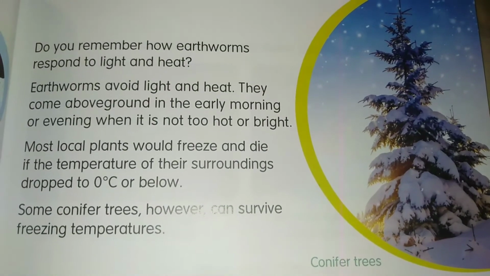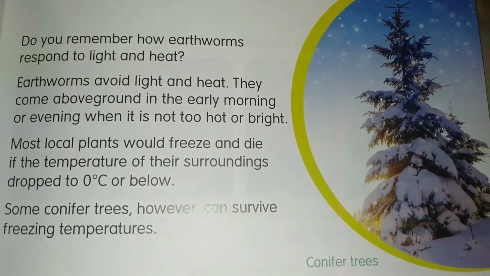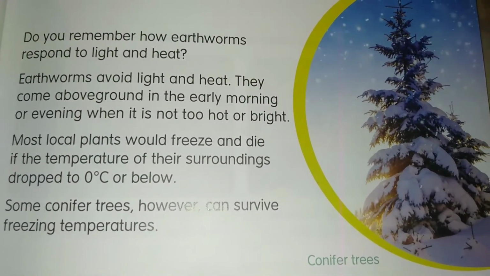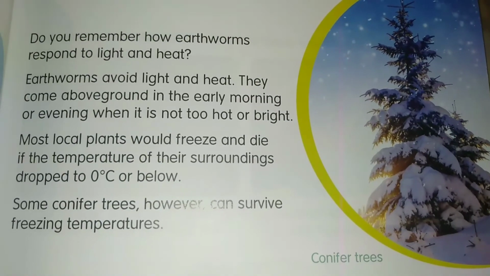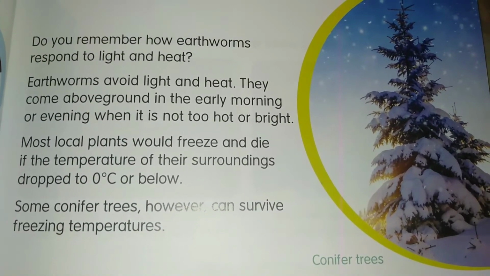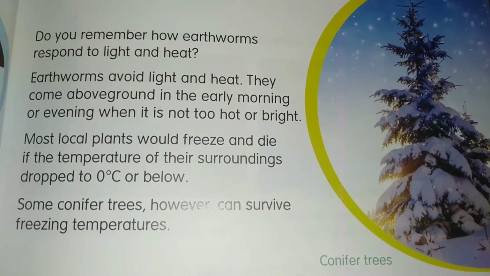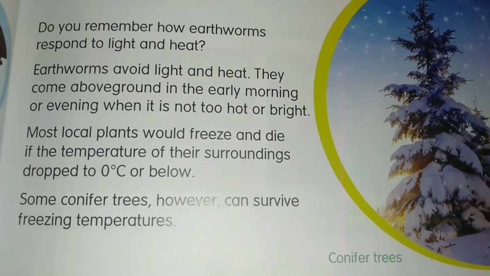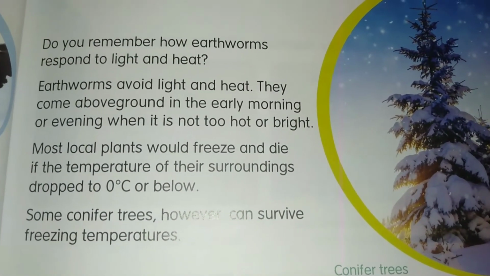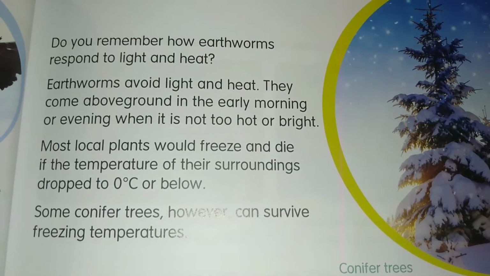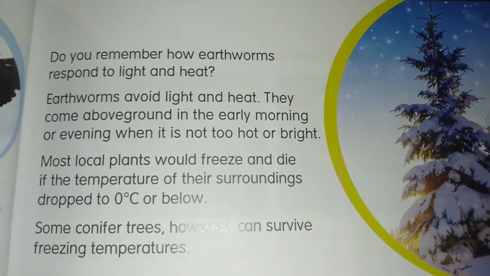Now we can see also here, do you remember how earthworms respond to light and heat? Earthworms avoid light and heat. They come above the ground in the early morning or evening when it's not too hot or bright.